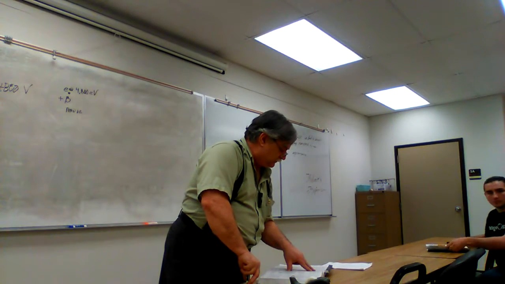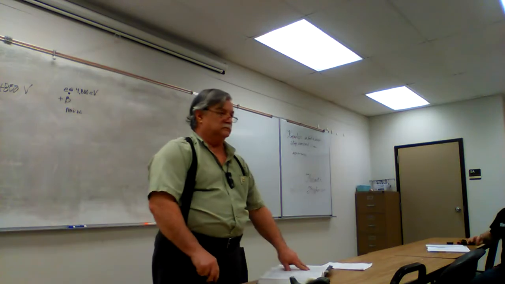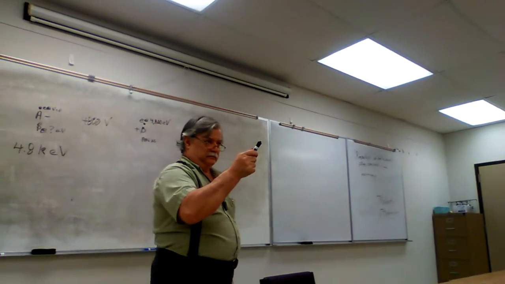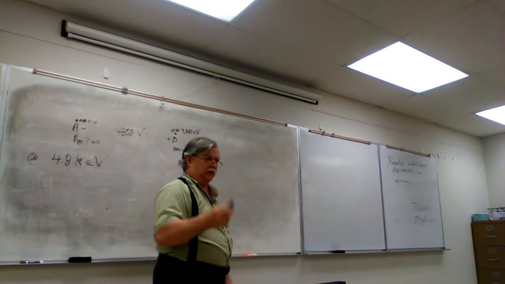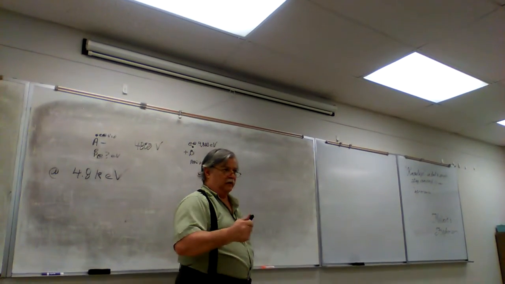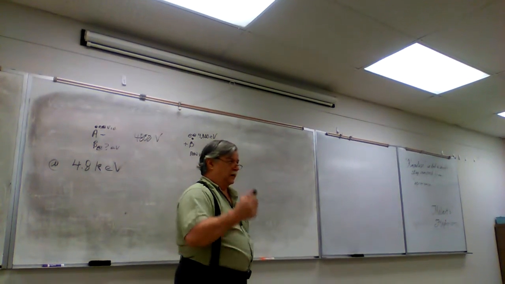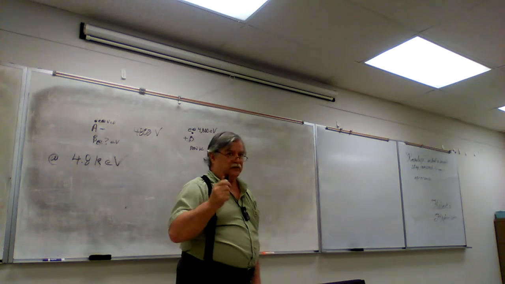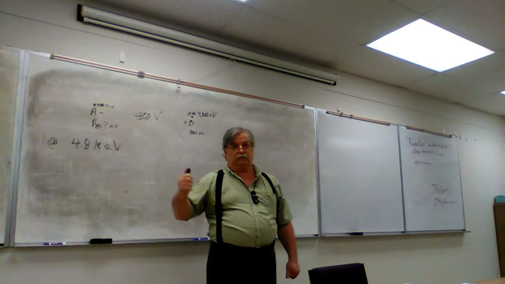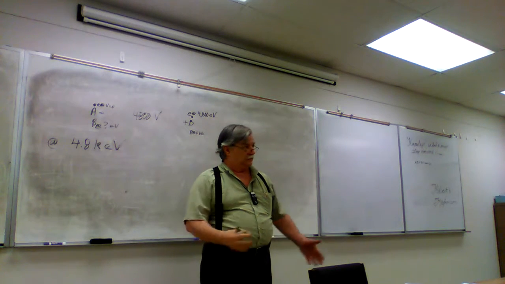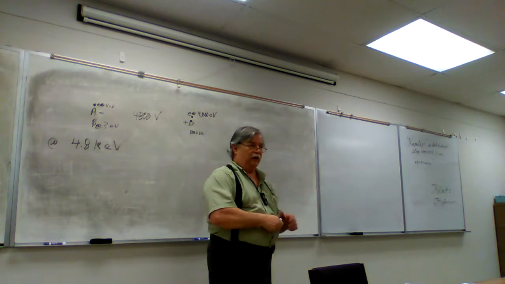The ratio of their speed. That's what's going to be different because their masses are different. Exactly. They both gain the same kinetic energy, 4,800 eV. But they do not gain the same velocity. The same amount of energy for a more massive particle is going to be less velocity.